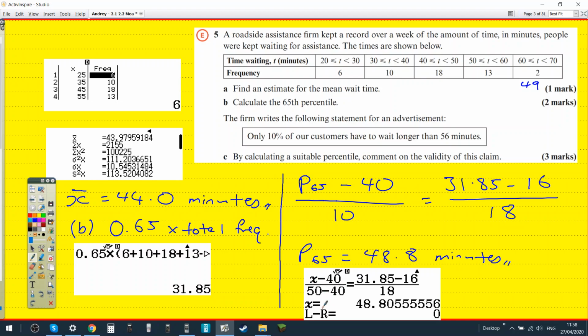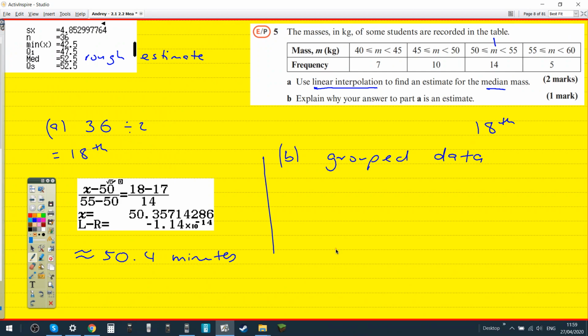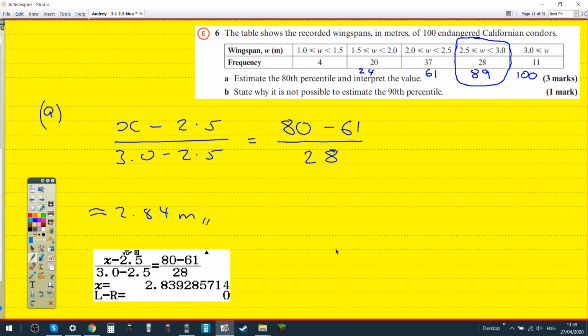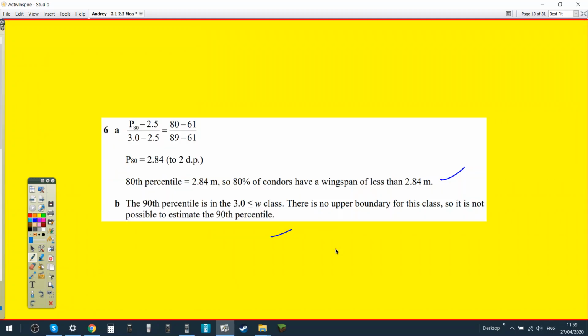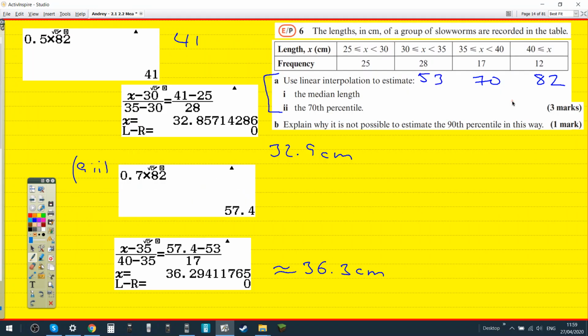It's like this fraction of the x is equal to that fraction of the frequency. And then you solve. That gives you two true statements that are equal to each other, so you can use that to solve. Yes, you can't get an estimate if you don't know the upper bound. That seems to be a common thing they do there.